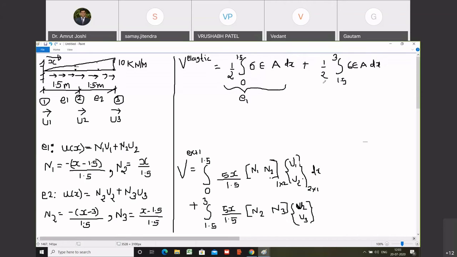This is for element number 2. I hope you agree with this. So this is for element number 1 and this is for element number 2. A negative sign should come for the external force. Yes, you are very correct, Rushabh. So this entire thing is going to bear a negative sign. So I write negative here. Happy? Yes.